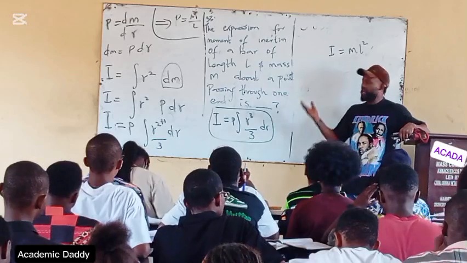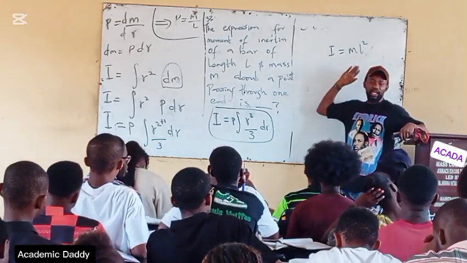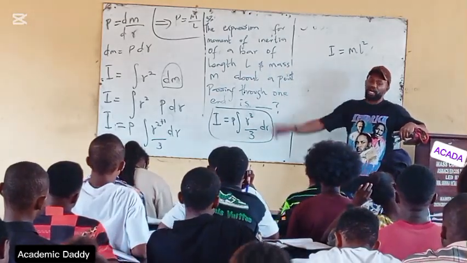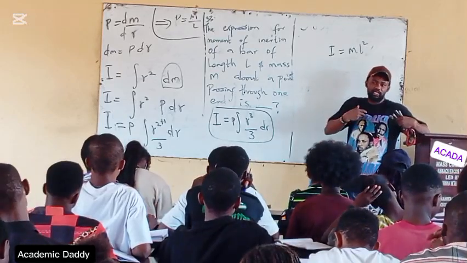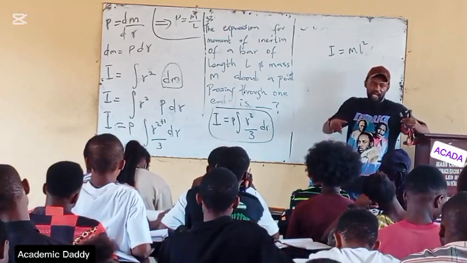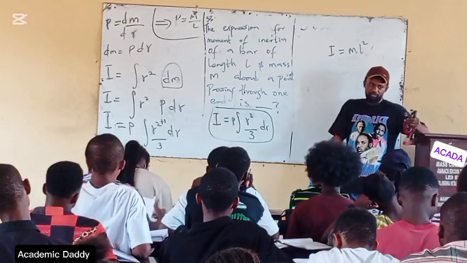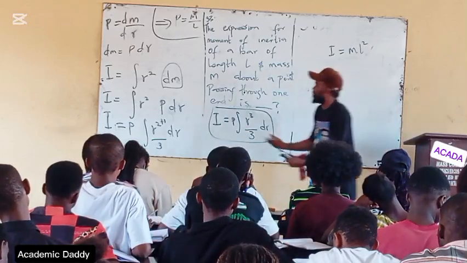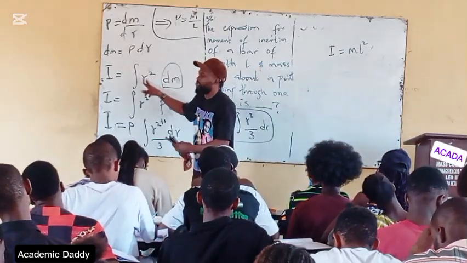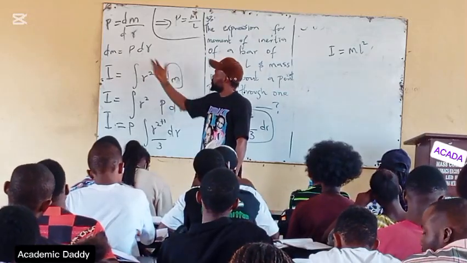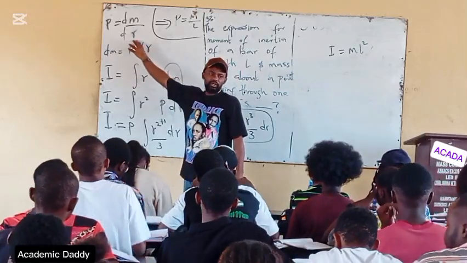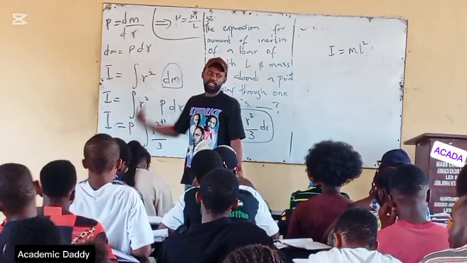So if I am using ml squared, I will have to change it to R. I changed it to R because we are used to the pattern of using R squared for the moment of inertia. But if I don't want to change it, I could have made the formula the integral of L squared with respect to M, and I wouldn't have to change this L to R.